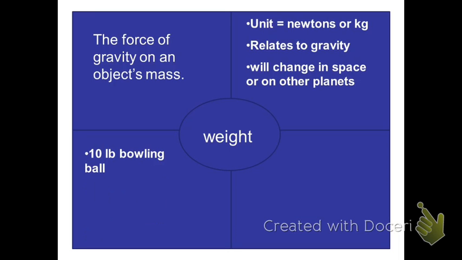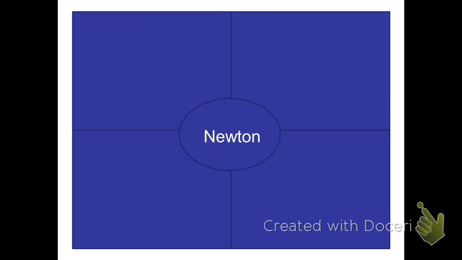Would a 10-Newton bowling ball feel the same? Is a pound the same as a newton? No, 10 newtons would be way less than 10 pounds. Some non-examples. Mass. Always confused for weight. Time to get those two things straight.